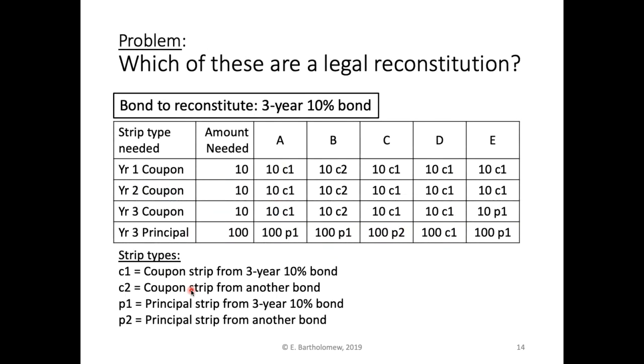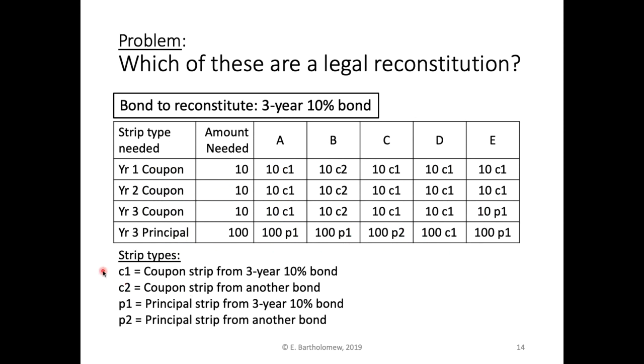So finally, to understand really how this reconstitution works and what's legal and what's not legal, let's assume we're trying to reconstitute our 3-year 10% bond. And suppose that there's in the market trading coupon strips, principal strips from this bond, as well as principal strips from another bond.